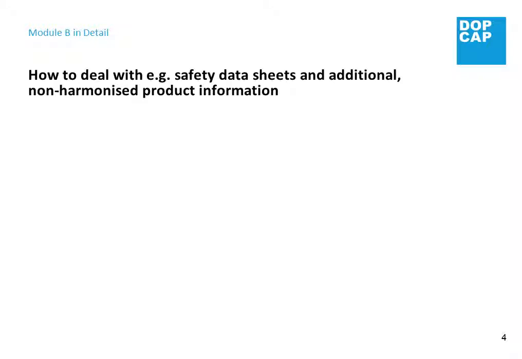So far I have only been presenting how the module B works for declaration of performances, so for DOPs, but not for the information that may have to be sent with the DOP in the same form and at the same time. So the REACH information that is required in Article 6.5.